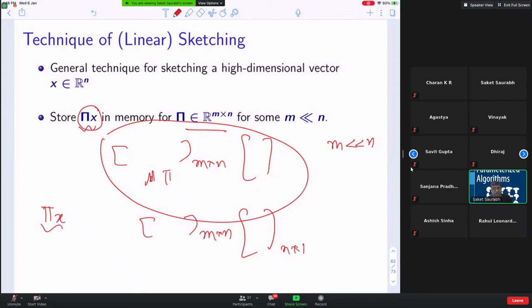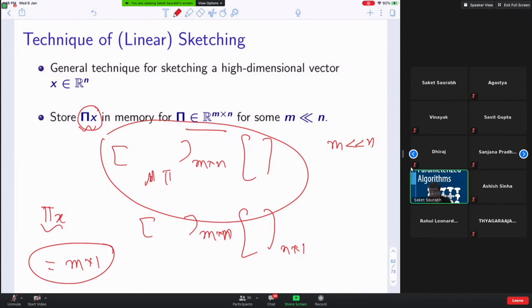What is the dimension of Pi x? It's m cross 1. Exactly. So although x could be a very large n-dimensional vector, the object we store is much smaller, basically an m cross 1 vector.